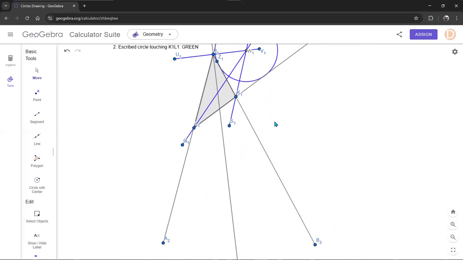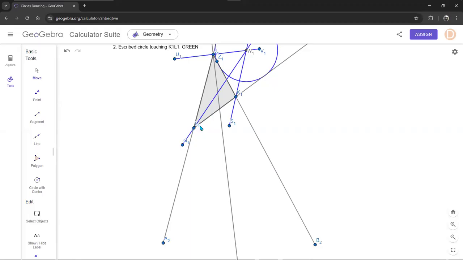So we are dealing with the Escribed circle, which is supposed to touch K1, L1. Now, as we said, we have already bisected the interior angle, and now we want to bisect the exterior angle at the other vertices. As you can see, this is our triangle here, J1, K1, L1.